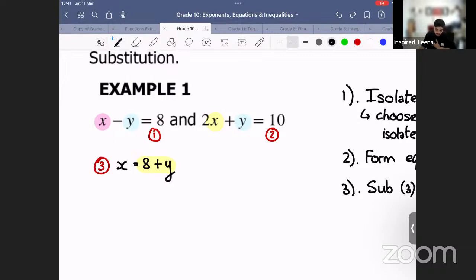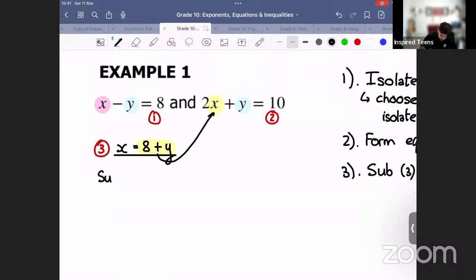So in equation number 3, x can be left alone and we get 8 plus y. Now, wherever I have x, I'm going to substitute it with 8 plus y. So I substitute number 3 into number 2.